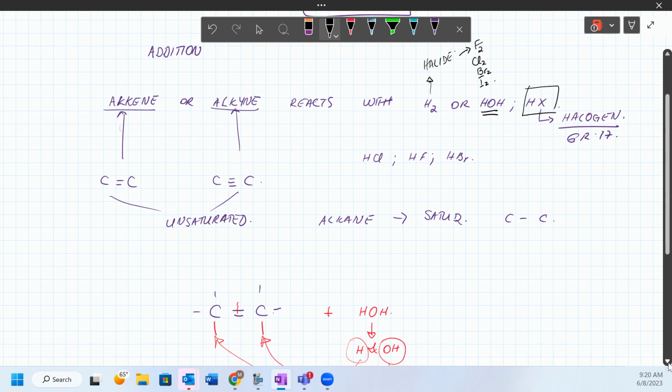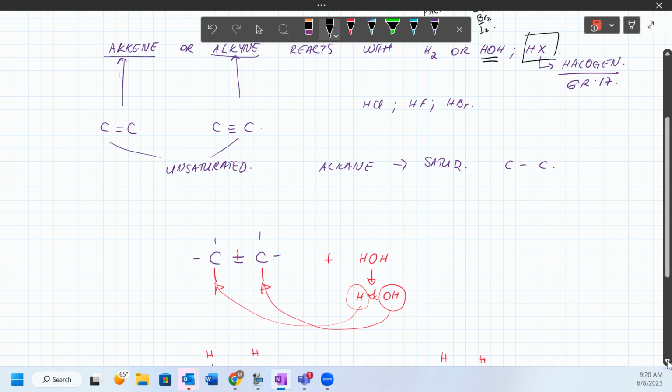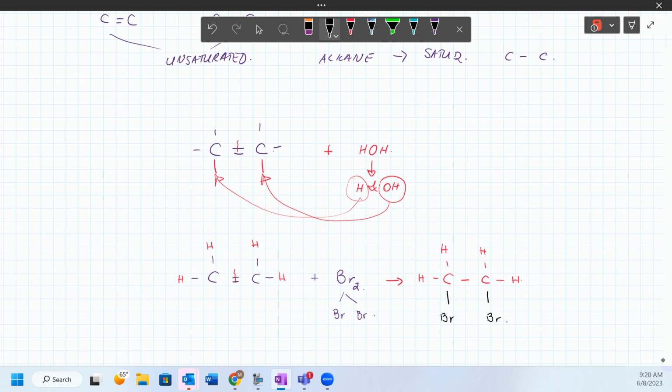Okay, so one of the double bonds is broken, and then it is making it available for the entities that we have. Let's say in the case of water, then what we are making is an alcohol because we have an OH. And in the case of bromine gas, we have an organic halide, okay?